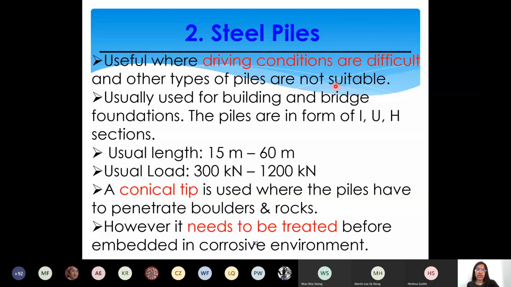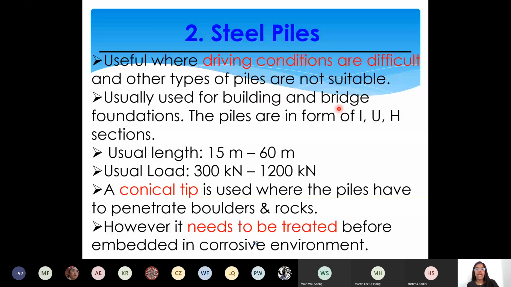The shape is not lost unless it tends to bend, right? There is a chance of bending, and we will see later how you have to protect against it. So you suggest steel pile where it is hard soil, or a mixture of hard and soft soil, or where driving is difficult.